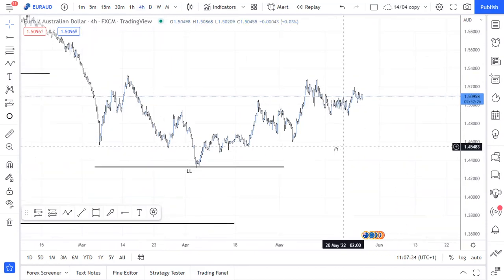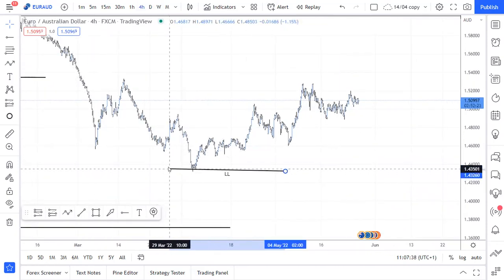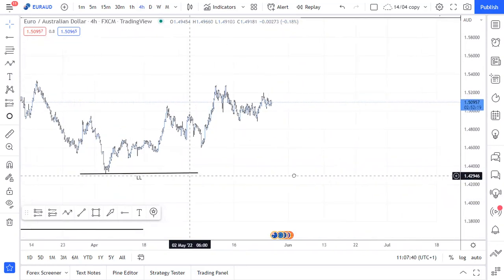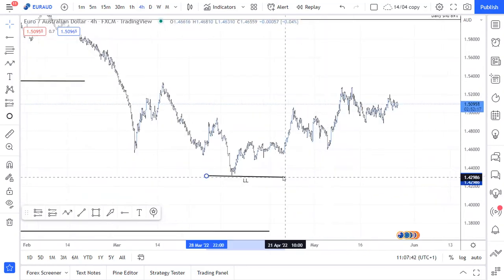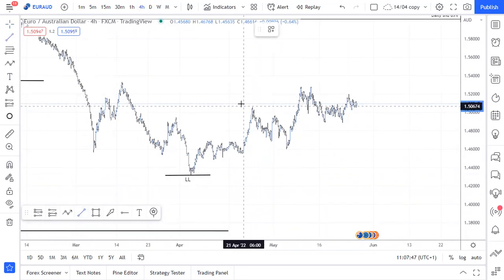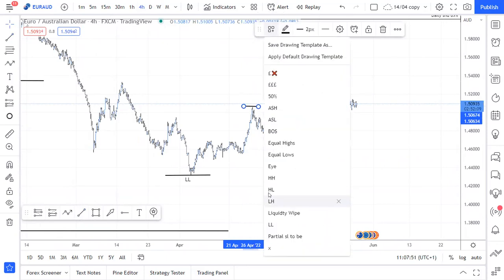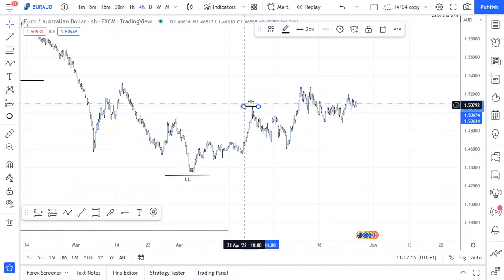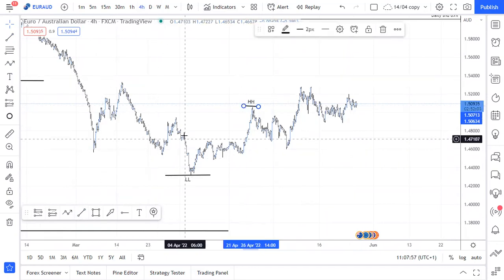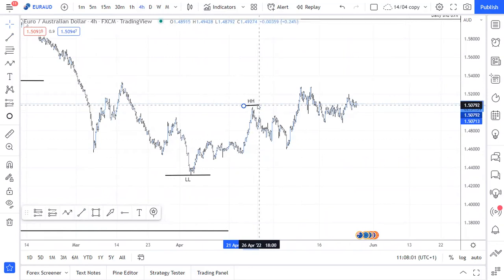We know that this is our lower low. Then we've got a lower high. And we've got a higher high.